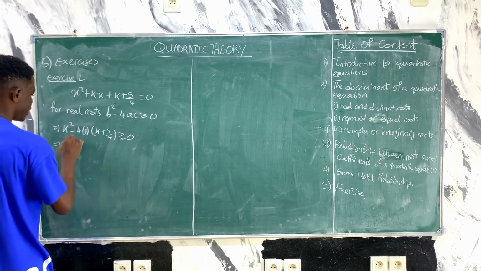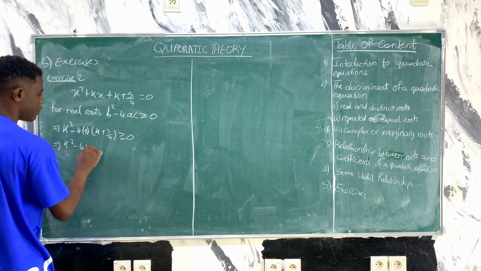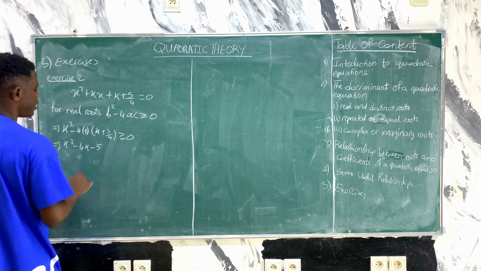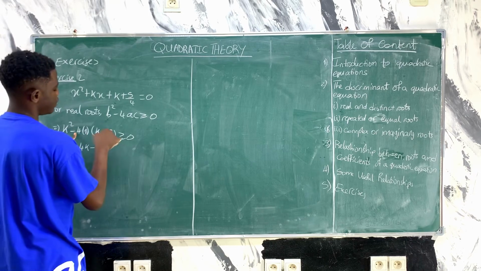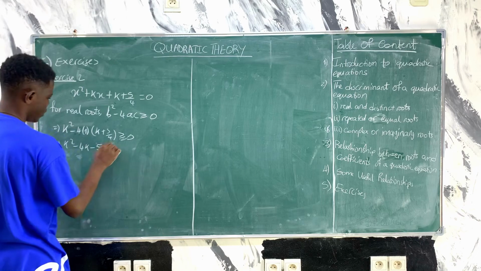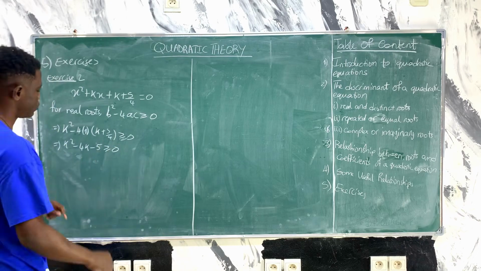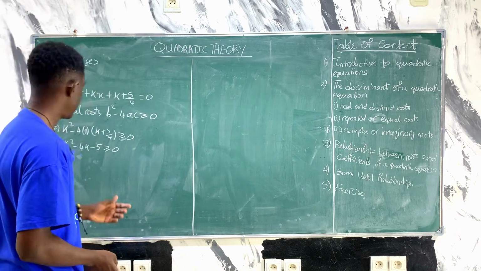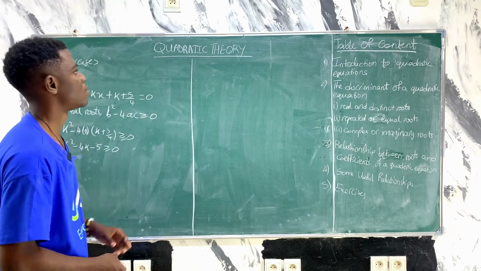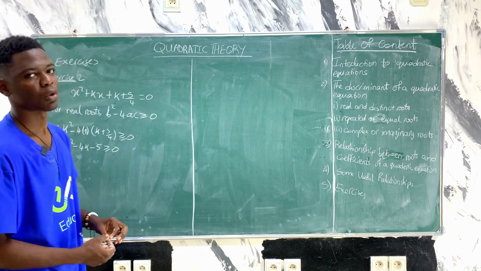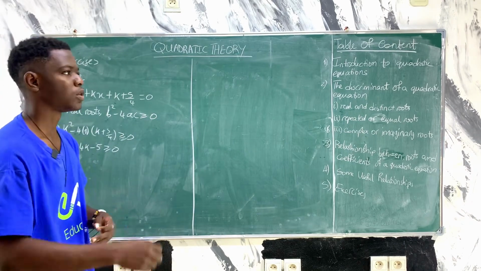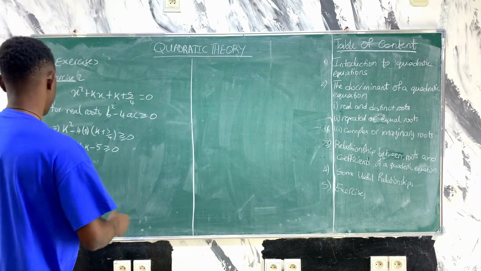Let's expand this: k squared minus 4k minus 5, since minus 4 times 5 over 4 gives minus 5, is greater than or equal to 0. To solve this, it is normal quadratic theory, so we can go to the inequalities video to find how to solve inequalities using the formula method or any other method shown there.